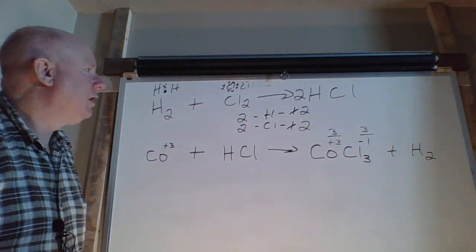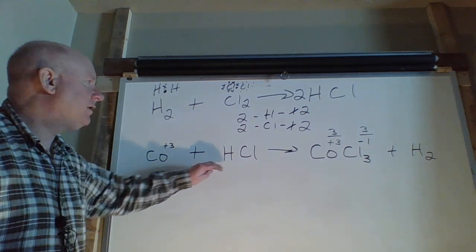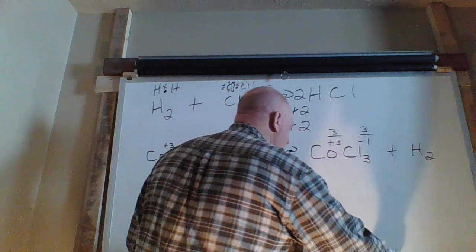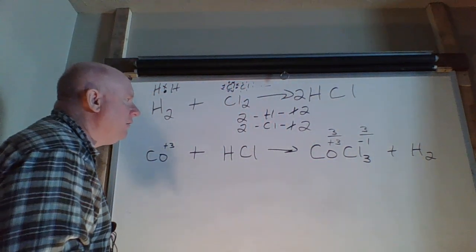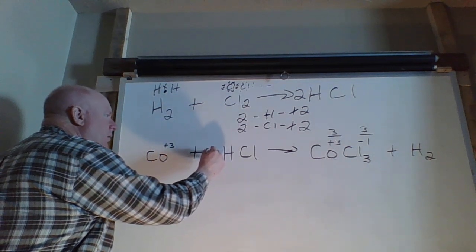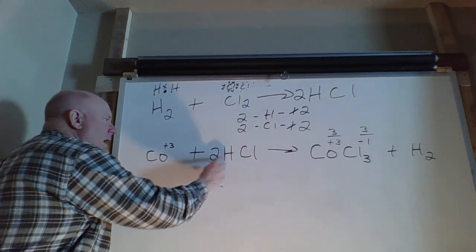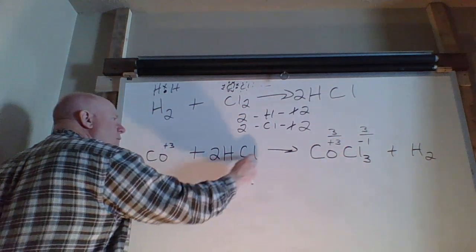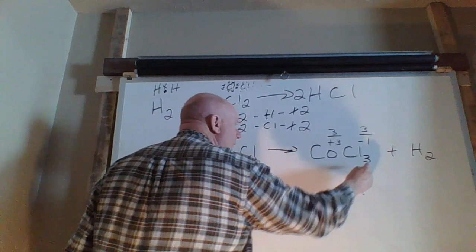Okay, so now we're going to go through and balance this reaction. This one's a little more tricky because if we put a 2 here, we're already going to be in a bind, because 2 times 1 gives you 2, and we've got 2 hydrogens, and 2 times 1 gives you 2 for your chlorines, but we've got 3 of them over here.